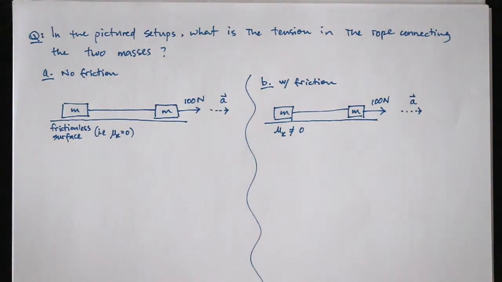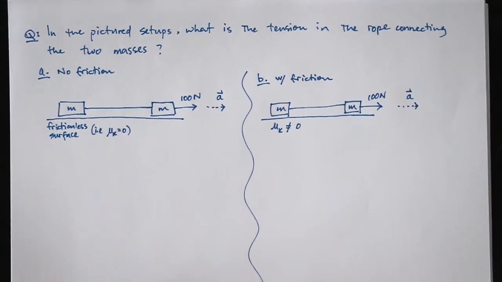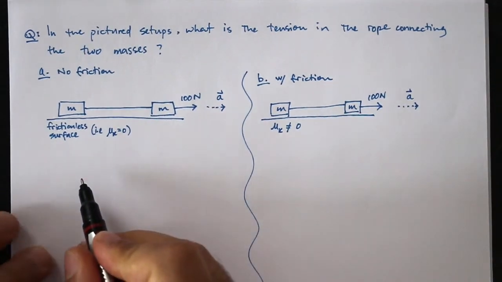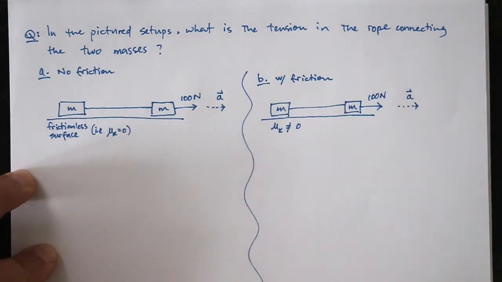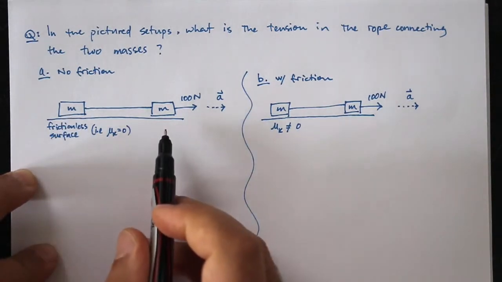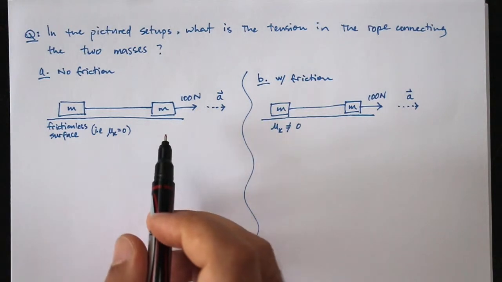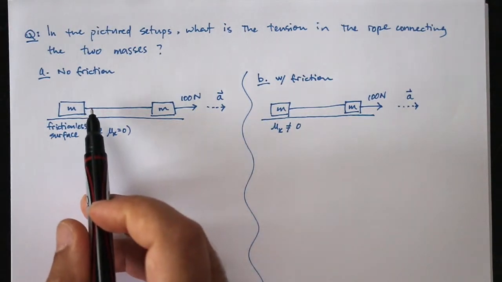In that case, I can solve this in a number of ways, but I'm going to take the slow way. I'm going to isolate each of the masses, look at the free body diagram for each, and see if I can figure out an equation for the tension.